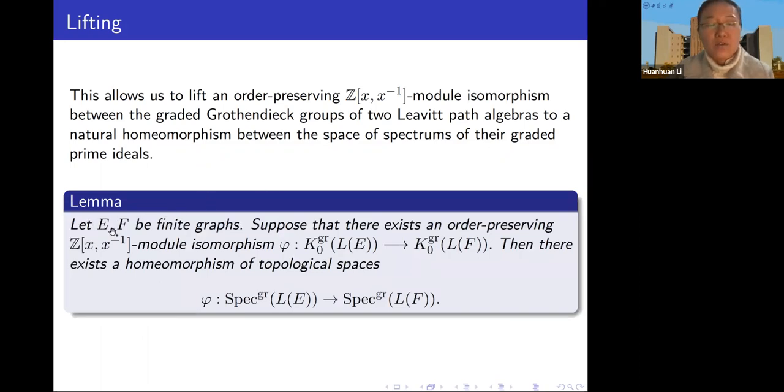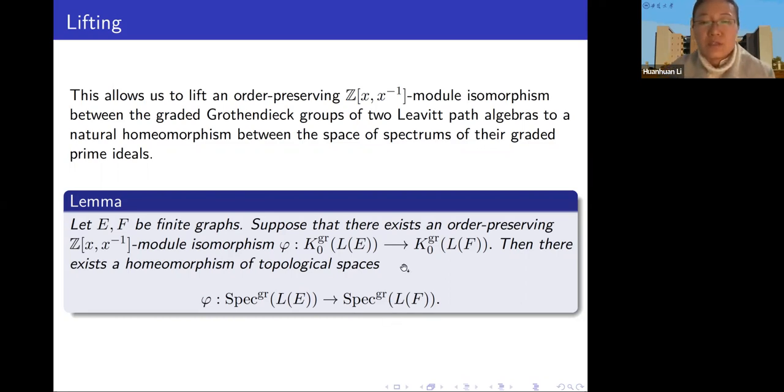For row finite graphs, suppose we have an isomorphism of the graded Grothendieck groups for the two Leavitt path algebras L(E) and L(F). Then we have a homeomorphism for these topological spaces.